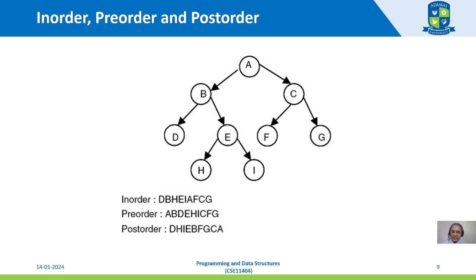You can see the leftmost element of the tree is D and the rightmost element of D is H. So D, H, then right element I, then root E, then root B, then the right traversal means F will be traversed, then G, then C, then A. So A, the root node, is placed last in post-order.